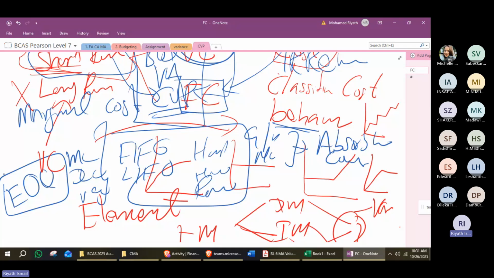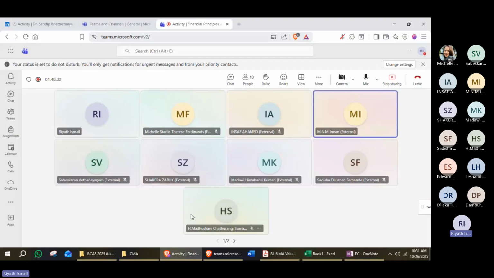Process costing, batch costing, job costing: all these things are related to cost accounting. So now our focus is on management accounting. As a manager, you have to take decisions strategically. Make sense? Clear, Imran? Yes, sir. Okay.